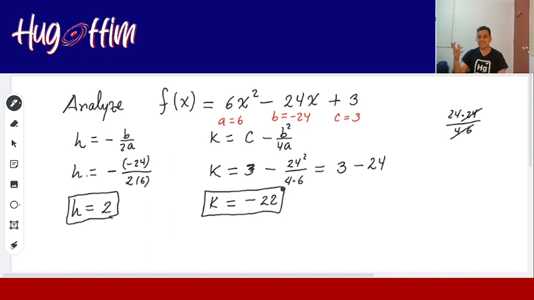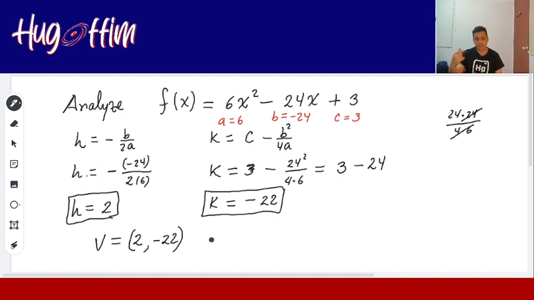Okay, so as you can see, what I just found out is that my vertex is in the position 2, negative 22. This is the vertex position of my function.